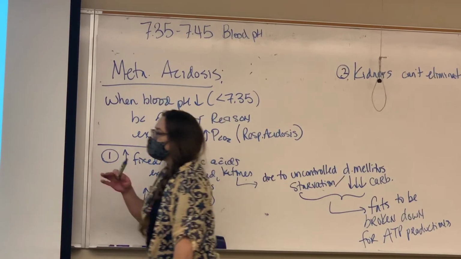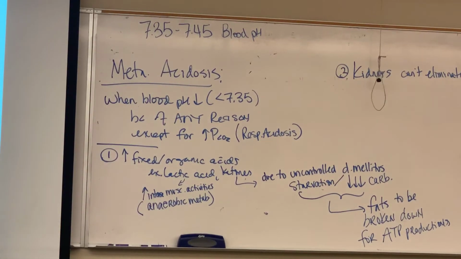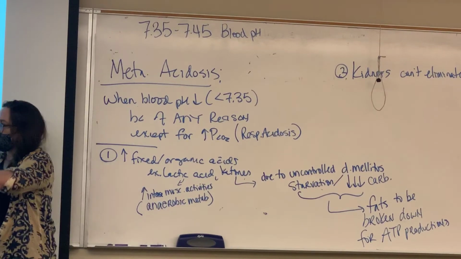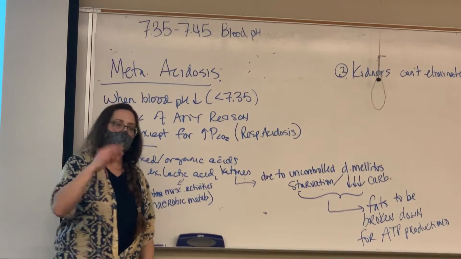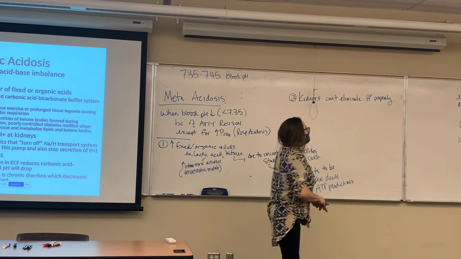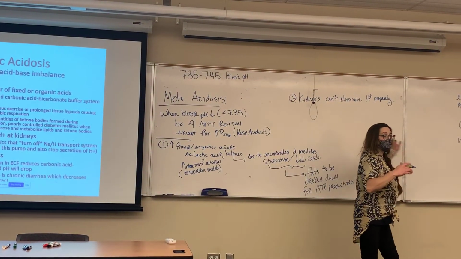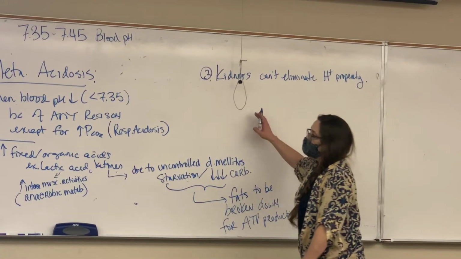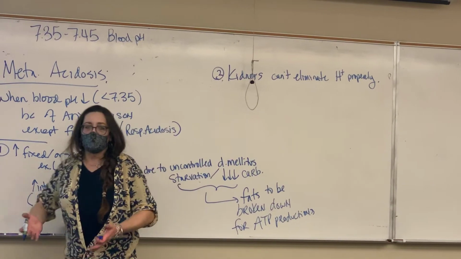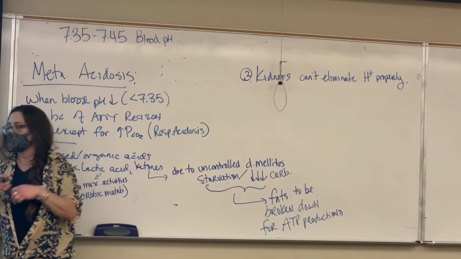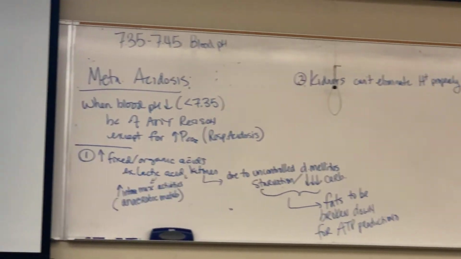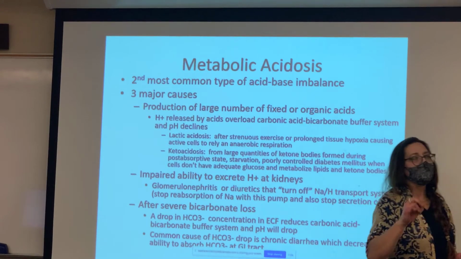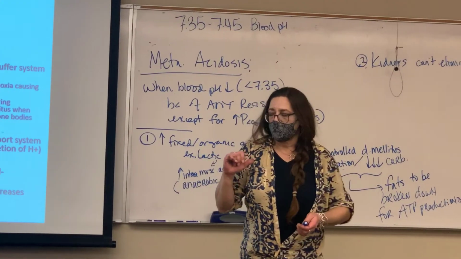And if your kidneys can't do that, plus there's some other things in the kidney that we didn't talk about. So for right now, we'll just kind of lump it all together and say, if you can't get rid of hydrogens at the kidneys, that could be from secretion at the DCT or in other places that we didn't specifically talk about. So you could have kidney damage. You could start to see a buildup of hydrogen ions in your bloodstream. If you've got infection of your glomerulus, of your nephrons, that could cause this to happen.